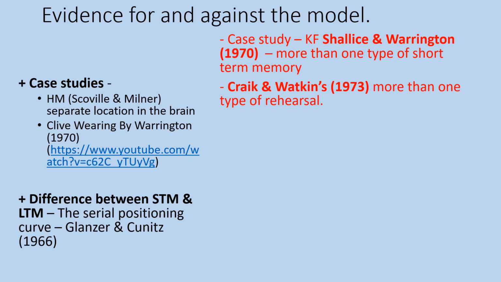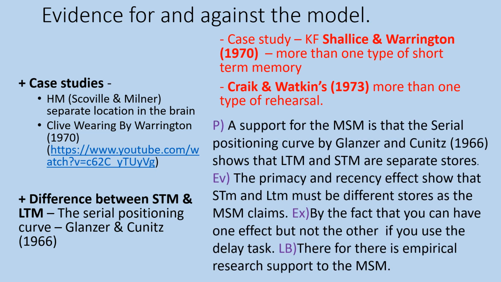Craik and Watkins also show that rehearsal can happen in many different ways, and that there's more than one way to rehearse things. This one I've just broken down there for you. So that's the Glanzer and Cunitz, because it's not in the textbook, I don't think. So please do make a note particularly of that one. Okay. I'll just click on to the next one.